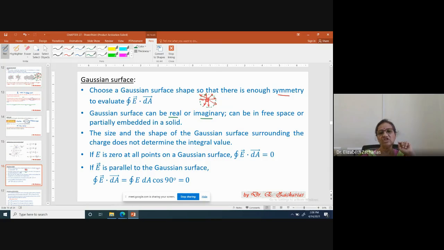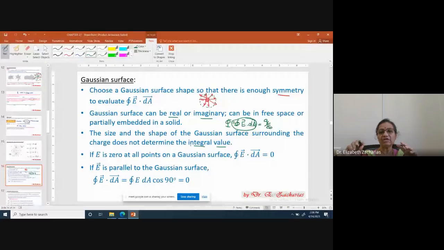Next, the size and shape of the Gaussian surface surrounding a charge does not determine the integral value. Because after all, flux is equal to integral E dot dA equal to Q net by epsilon naught, which does not depend on the geometry. It does not depend on the shape or size.